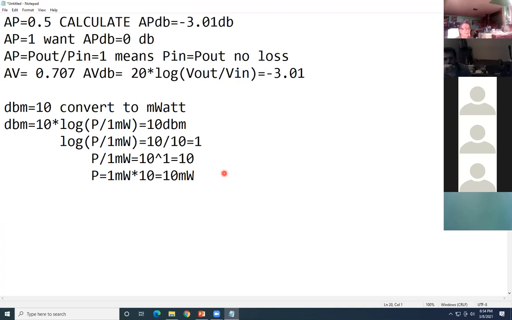So if you get a dBm, you're able to convert it to milliwatt or watt, whatever we need. If you don't know how to do it, let me know. Otherwise, I think you'll be okay.